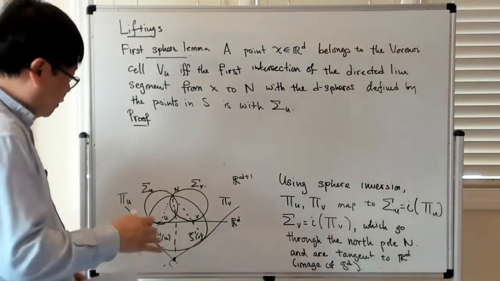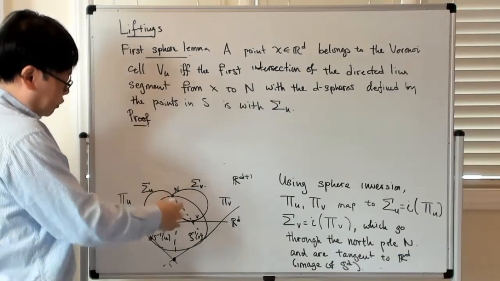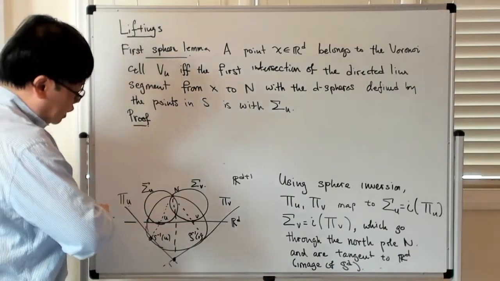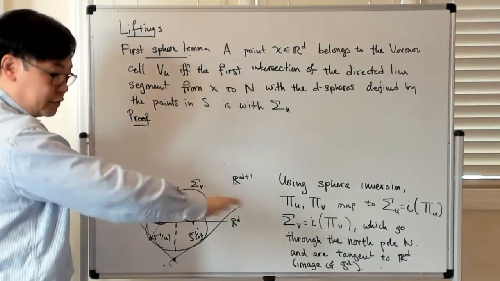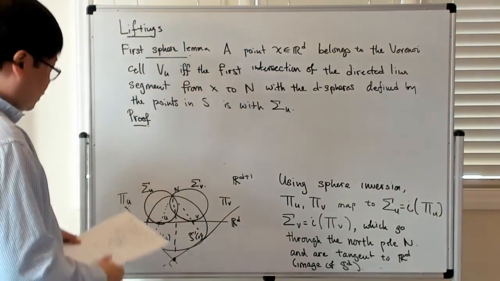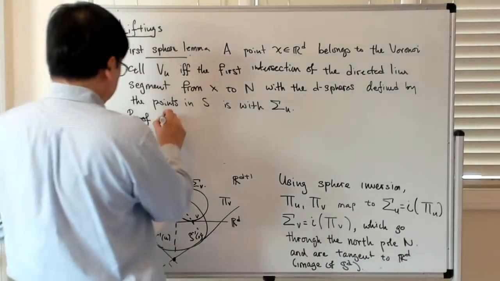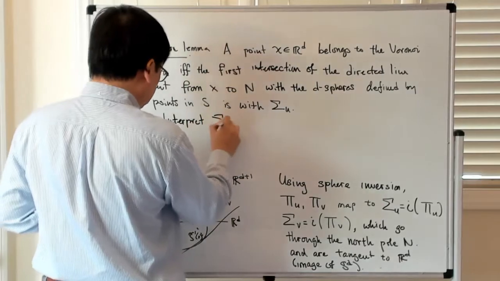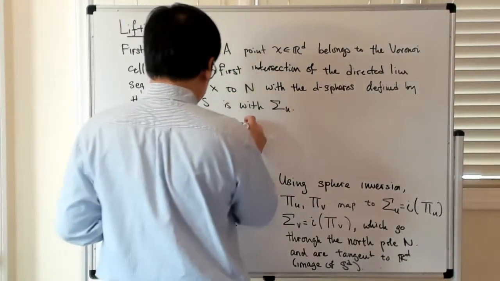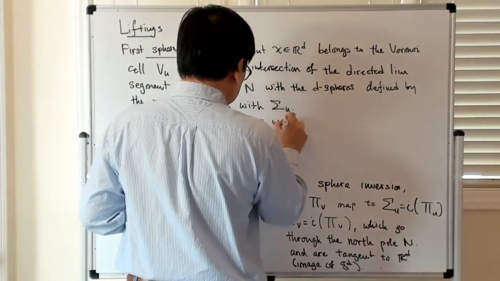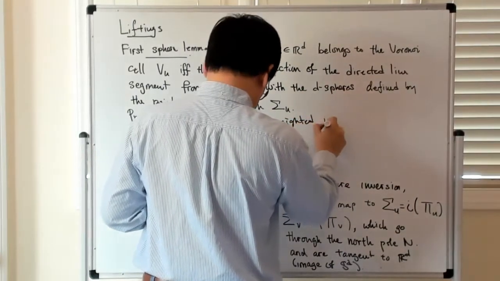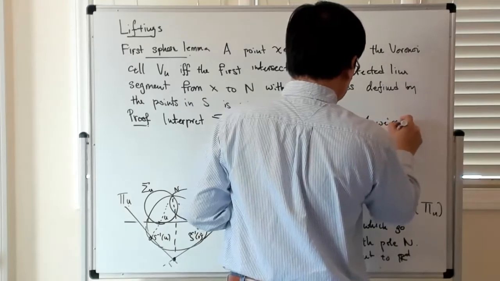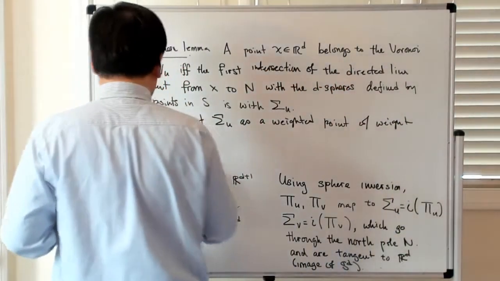So there's a relationship between weighted Voronoi cells in this larger dimensional space and the Voronoi cells in the usual RD space. So I interpret sigma u as a weighted point with weight equal to the square of its radius.